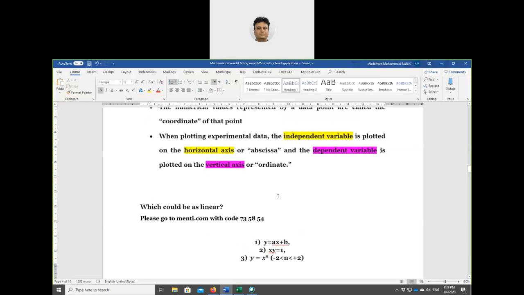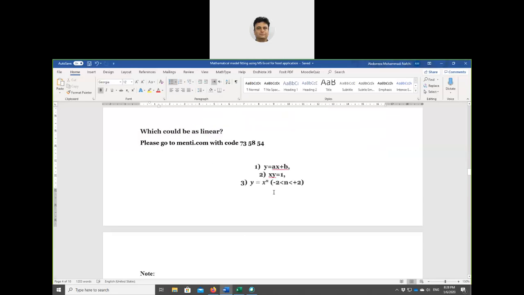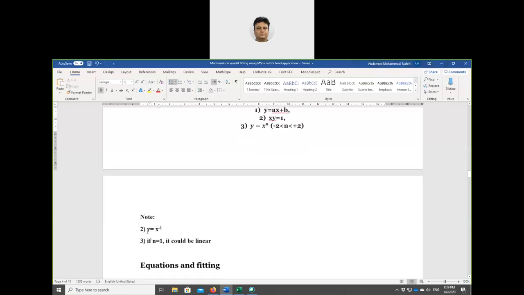Okay, right here you can see the first one is ax plus b, because y and x both have exponent 1, so this one must be linear. The second one is y equal to x power minus 1.